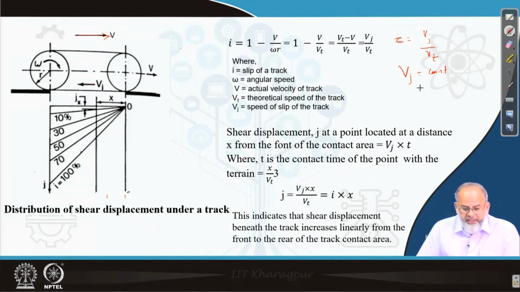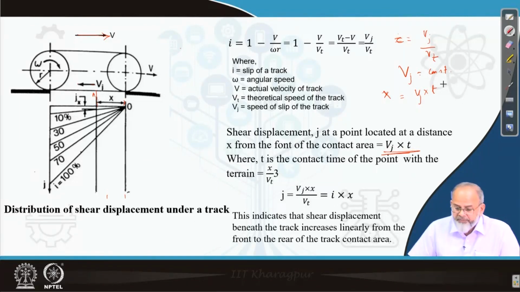Now if you are interested in finding out shear displacement at a distance x from the front end of the contact area, so this is the point, say A, which is at a distance x, then j will be equal to Vj into t. Vj is the slip velocity, t is the time, that is the contact time. If Vt is the theoretical speed, then time will be equal to x by Vt.